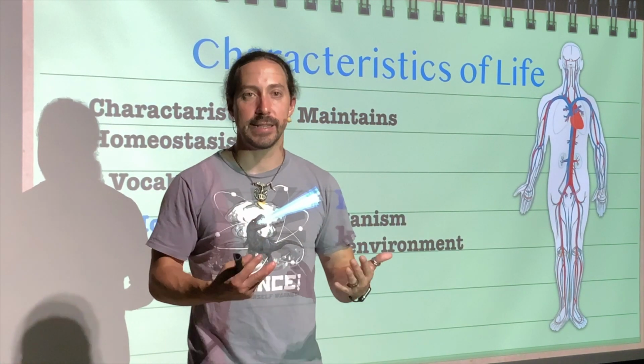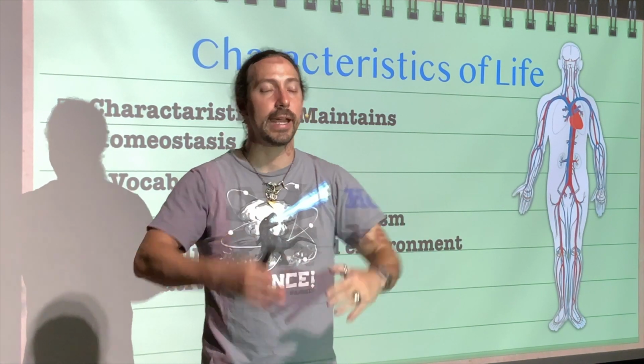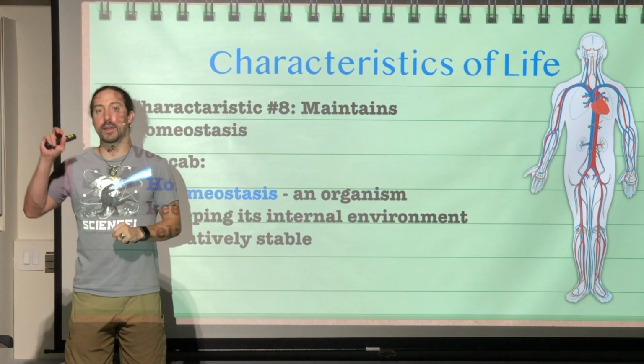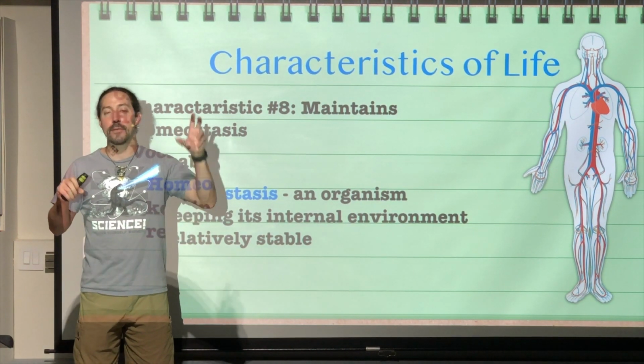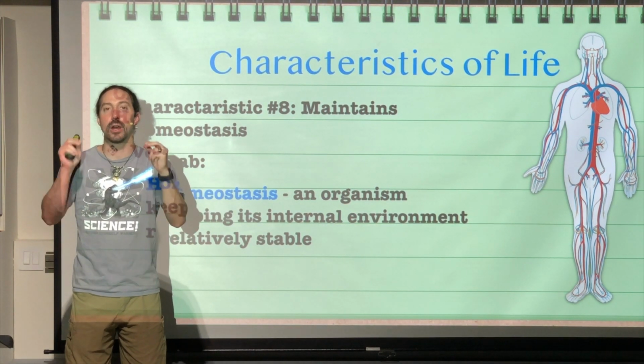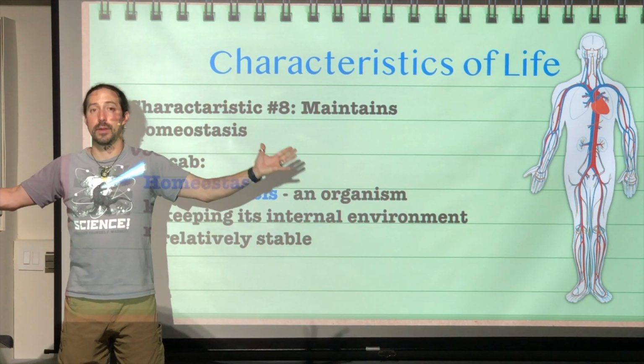The different gases, oxygen, carbon dioxide, those levels must be maintained. Salts within our body, whether it's sodium or potassium or whatever those different chemicals are, they need to be maintained in stable amounts inside the cell. If the internal environment of the cell is not maintained, you don't have life, period.